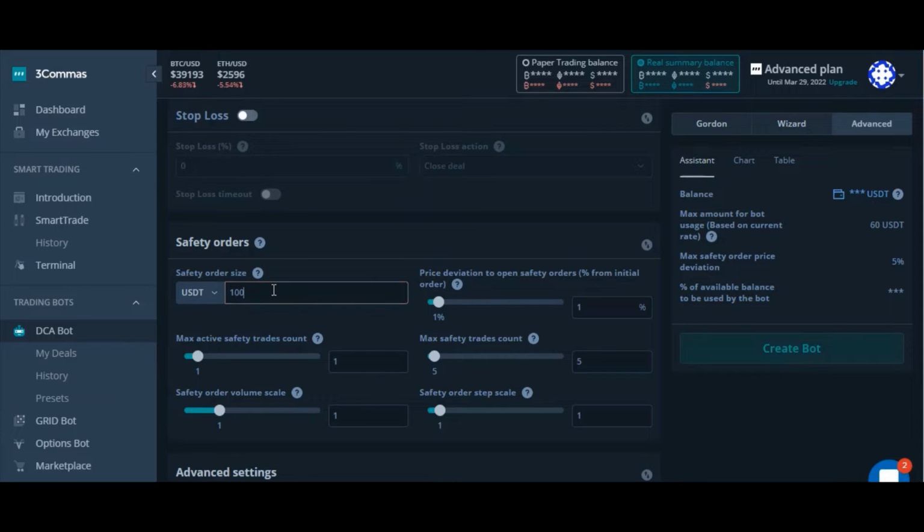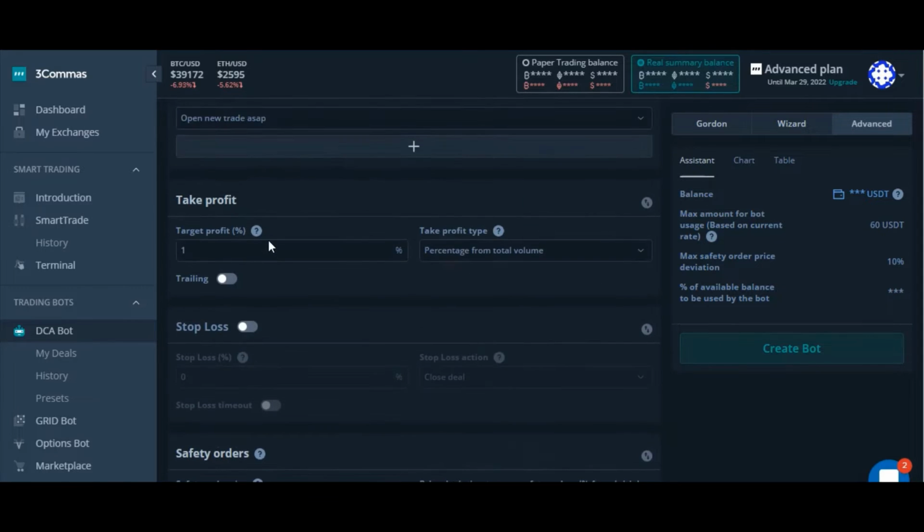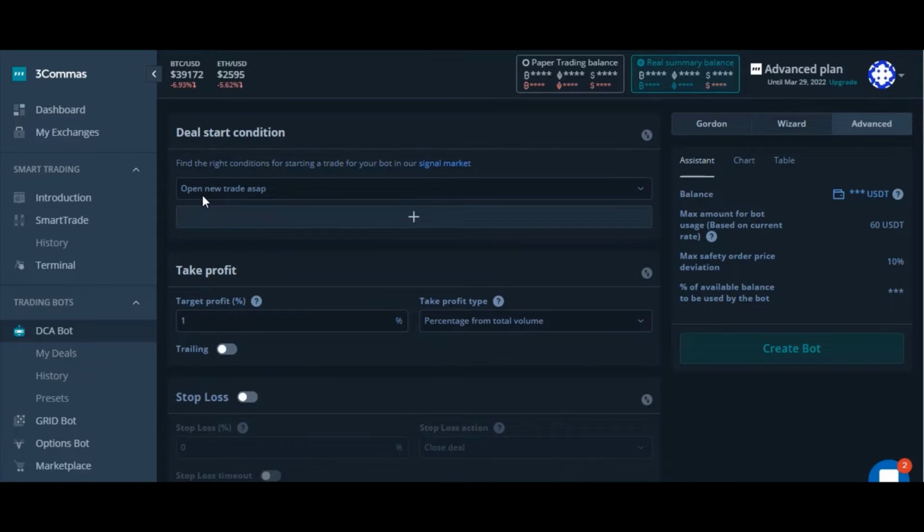Right, now price deviation to open safety orders means how much of a percentage drop before the safety order comes into action. So I put 2%. The first deal start condition is open new trade as soon as possible, so as soon as I start this bot, it will trigger a buy order.